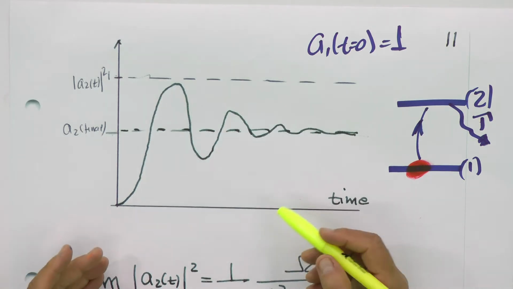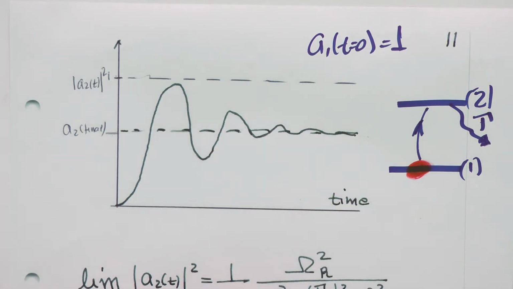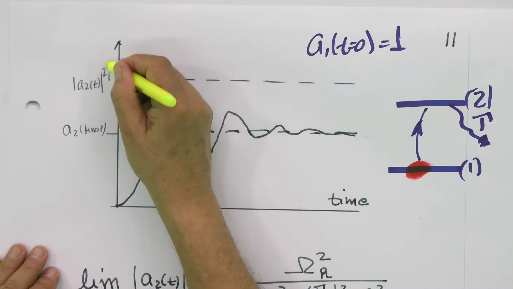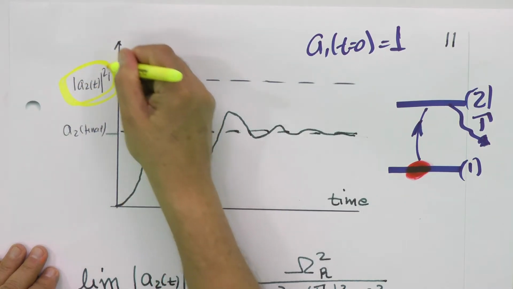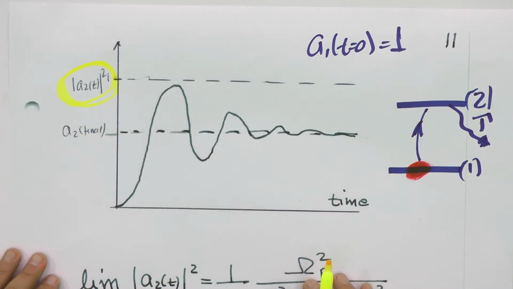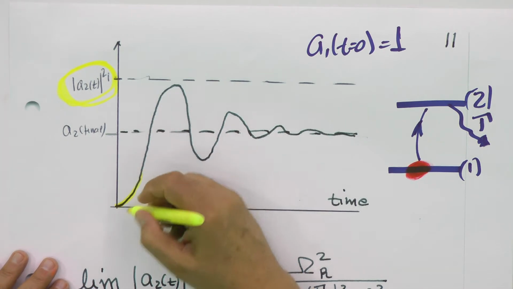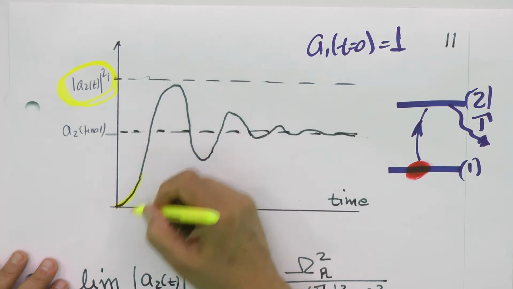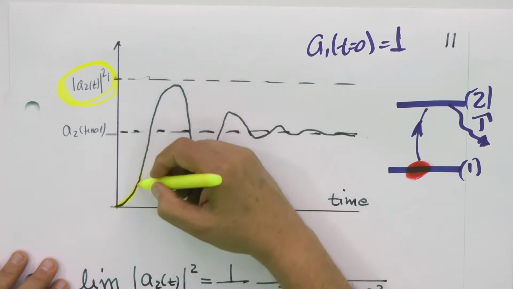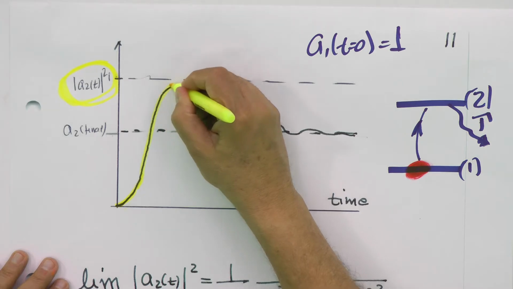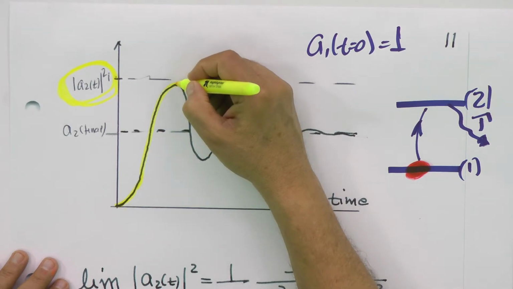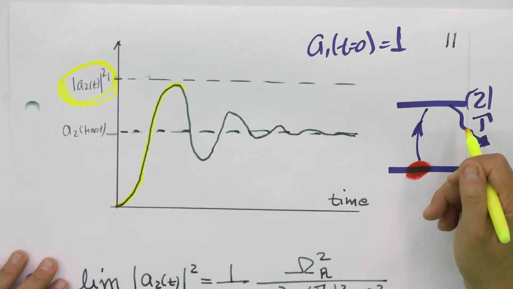What the solution showed us, and you are welcome to do it, is that A2 squared, which is the probability to be in the upper level, starting in the first level, grows. We can prove that it grows quadratically with time, and there is an oscillation. It does not reach 1, because there is dissipation going on now.